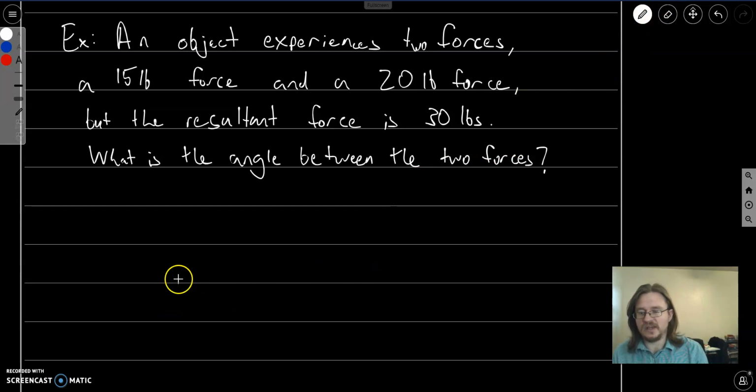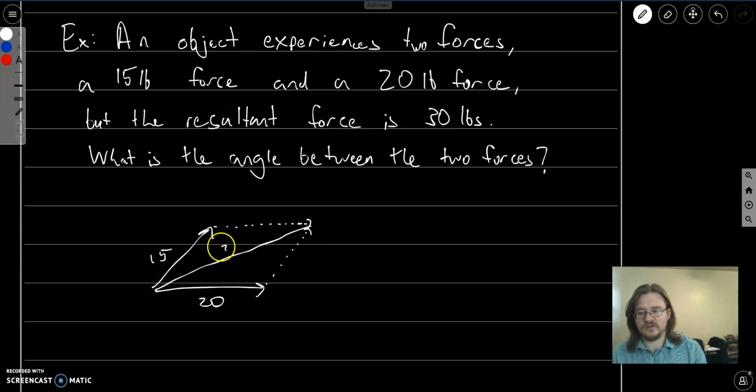So we can draw a picture. We've got our 15-pound force. We've got our 20-pound force. And we know that the resultant force is 30 pounds. Well, the resultant is going to be the sum of those two forces. This is going to be 30 pounds.